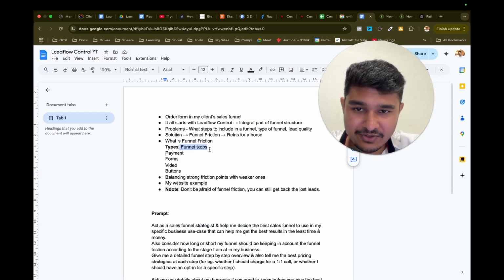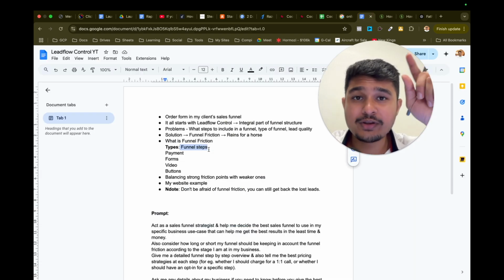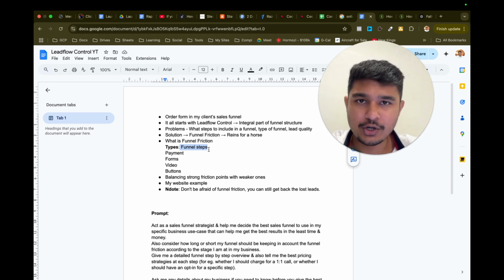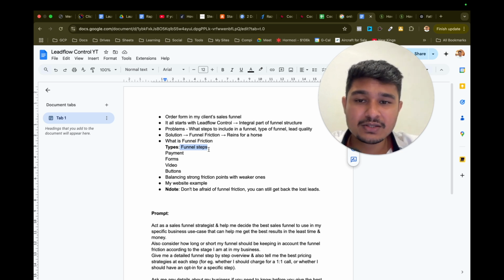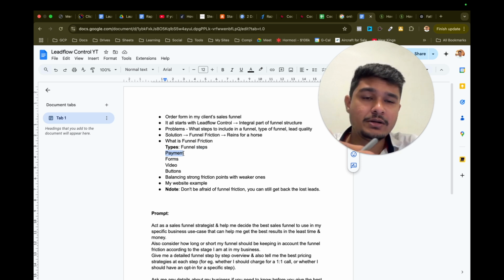So funnel steps, right? In the second option, as I told you, if you have a different checkout page altogether, then that's an additional step. That means the funnel friction increases, right? So funnel steps is one type of funnel friction. Second, payments. Okay. If you want someone to just put in their information on your landing page, then the friction is very little.